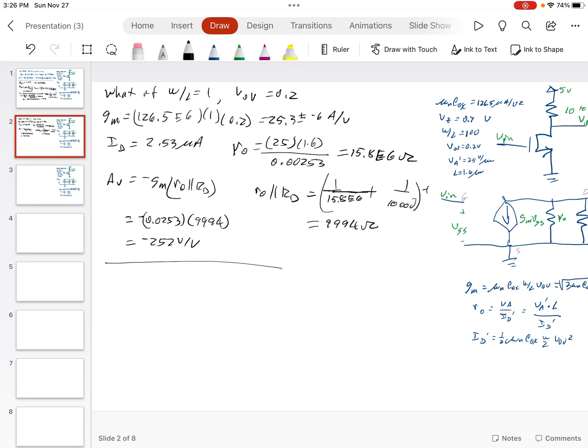What if we have a very high current? What if ID is equal to 1 milliamp, or 100 microamps, I mean, so a smaller current. That's a smaller current than we had here. No, let's see, that's larger.